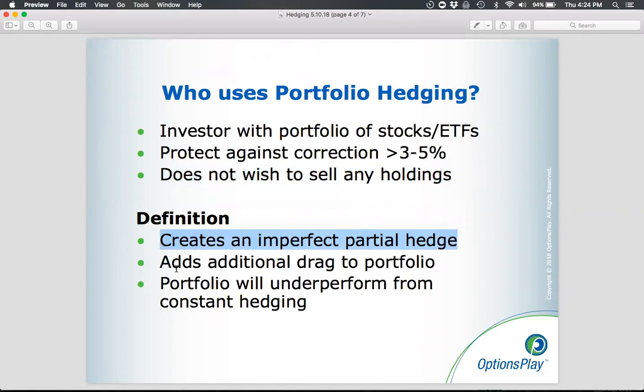This type of strategy does add additional drag to your portfolio because, again, it costs money to buy insurance on your portfolio. So this cost creates a drag on your portfolio. And the third thing to understand is that your portfolio will underperform from constant hedging. So this is not something you want to do all the time. You don't want to constantly be buying insurance.